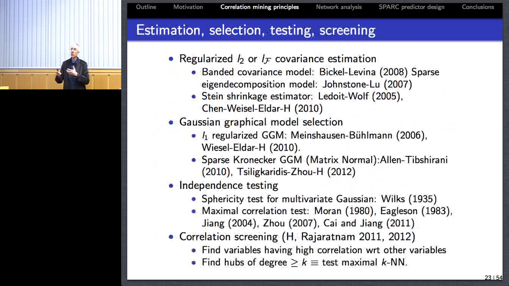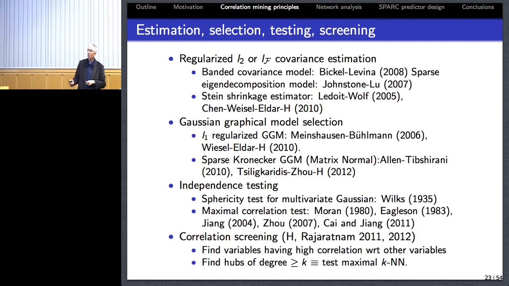So this shows some of the categories of correlation estimation, graphical model selection, which is basically looking at where the edges are. The problem I mentioned before, where quantifying the value of the correlation is not as important as actually saying whether there is correlation or not above some level.